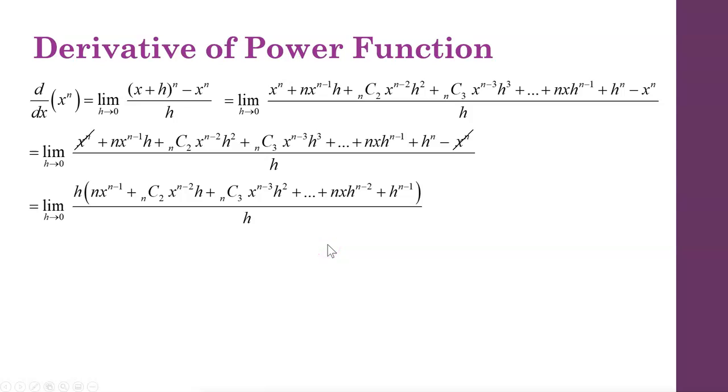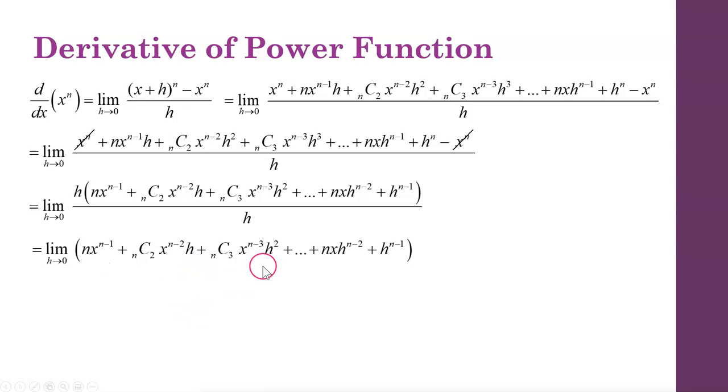So we took an h out of all of them, and that allows me to cancel the h that is taken out with the h that's in the denominator, and have a polynomial now that has no denominator. And we can go ahead and now find the limit as h goes to 0. And notice that the first term has no h in it, so h going to 0 doesn't affect it.